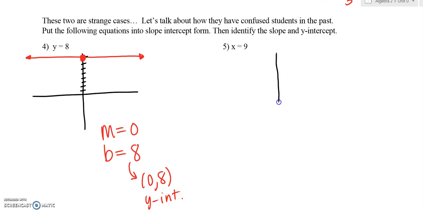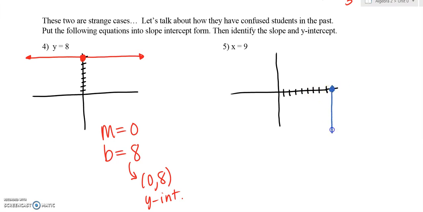Problem 5, let's get the visual, so I'm going to draw another graph here. This time it's x is equal to 9. So this time I want to go to the right on my x-axis 9 spots. 1, 2, 3, 4, 5, 6, 7, 8, 9. I'm going to plot that point.